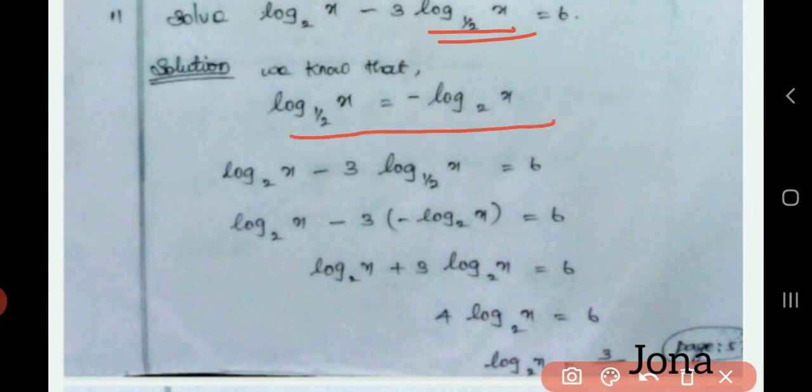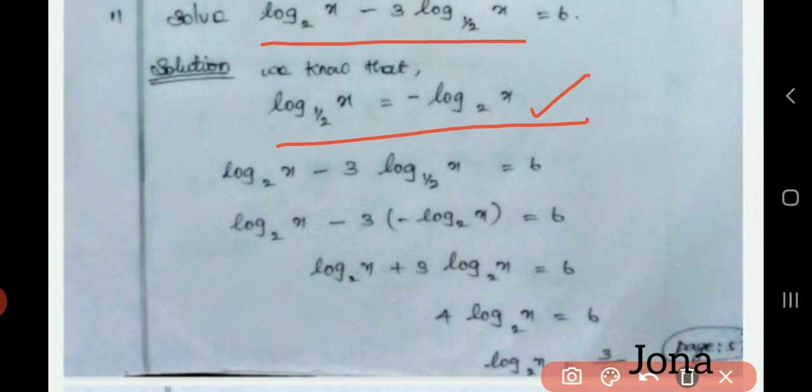11th sum. Solve log x base 2 minus 3 log x base 1 by 2 equal to 6. Here I want to take this log x base half as minus log x base 2, so we have to put one minus symbol.